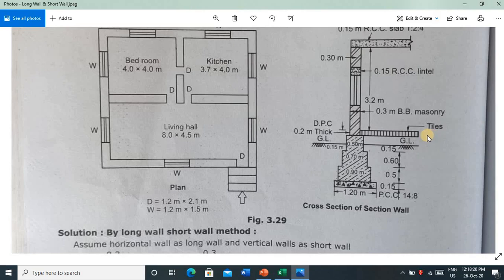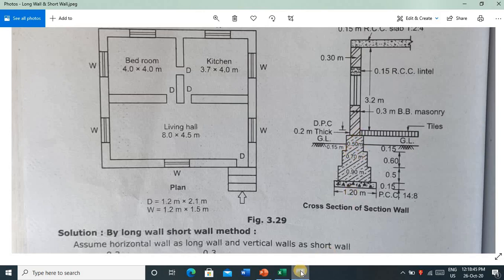So you can consider this height as 0.60. Okay, so the entire height of step 3 will be 0.60 plus 0.15, so the total height will be 0.75.